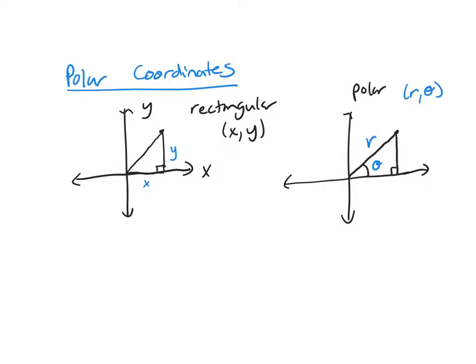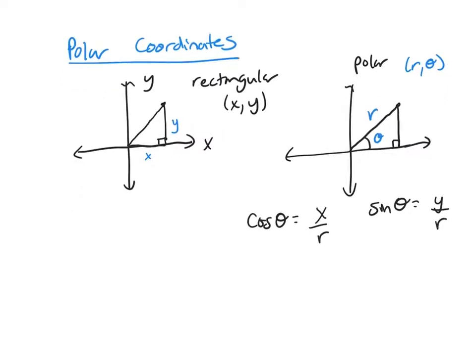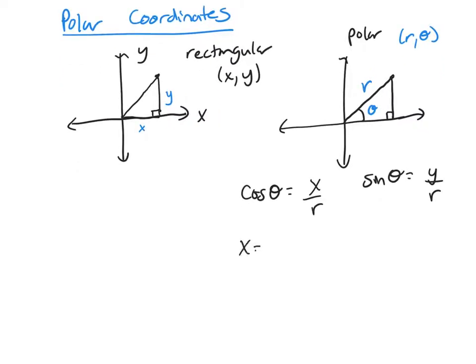I know that cosine of theta, it's adjacent over hypotenuse, which is x over r, and sine theta is opposite over hypotenuse, y over r. So you can solve for your two variables. x is r cosine theta and y is r sine theta.